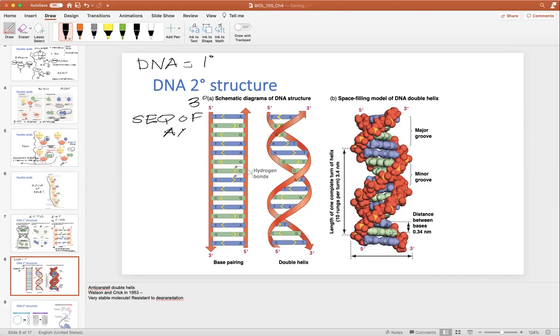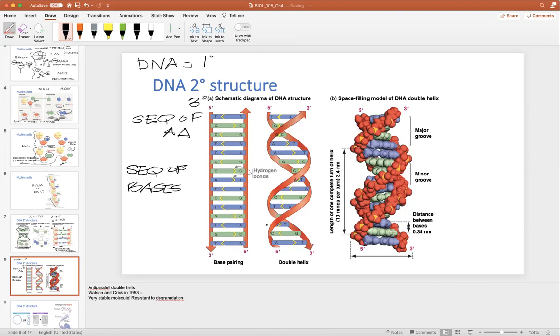That was for proteins. Similarly, the primary structure of DNA is just the sequence of bases, right? So this would be like the primary structure, just a flat TGCTT, okay?